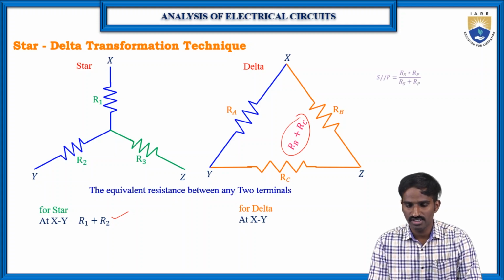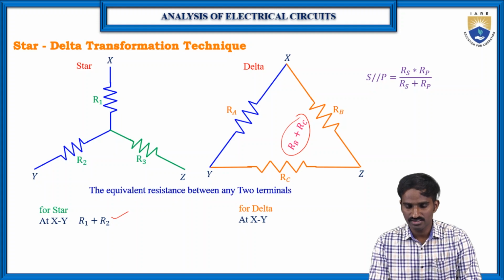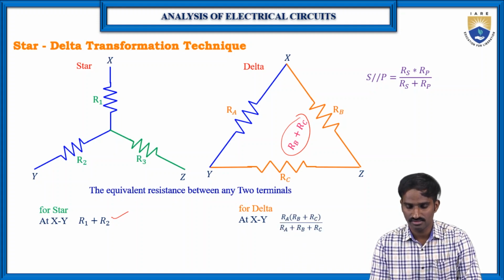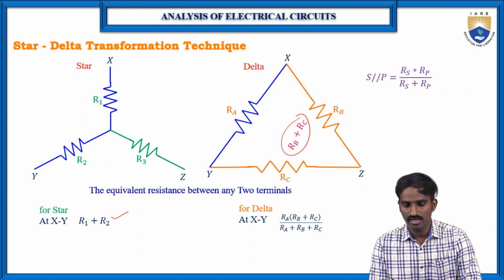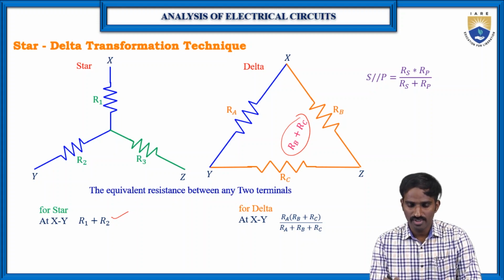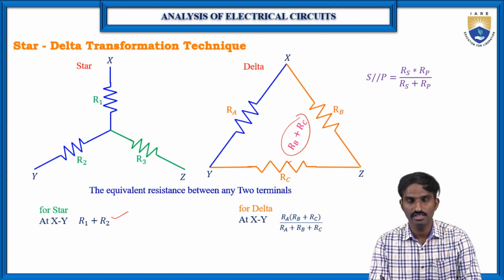So what is the equation? Let us consider this is the series combination and this is the parallel resistance. So here, RA into the combination of RB plus RC by RA plus RB plus RC. Because these two are parallel and these two are in series, and this series combination is in parallel with RA.